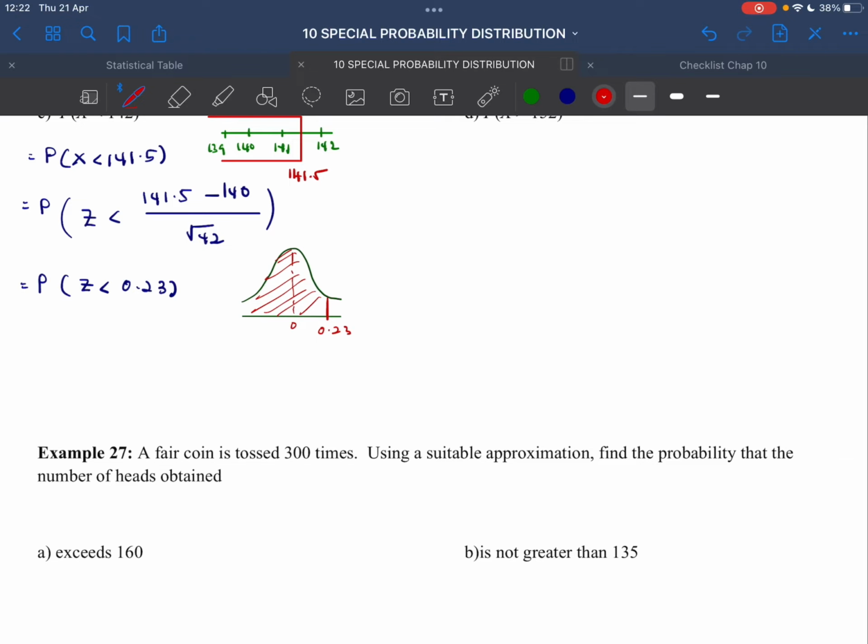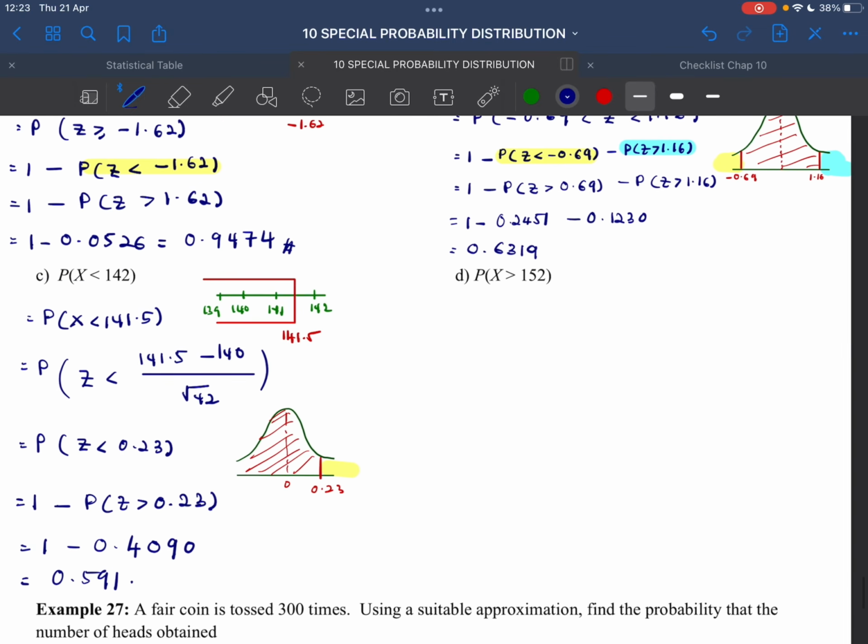Again, what we have to do is equal to 1 minus the one on the right here, which is P(Z greater than 0.23). Okay, look at the table, 0.23 gives what? We should get 0.4090, and here the final answer is 0.591.